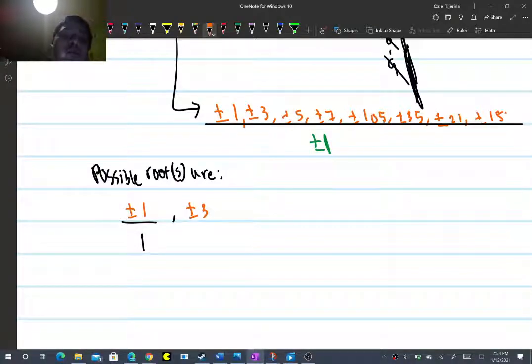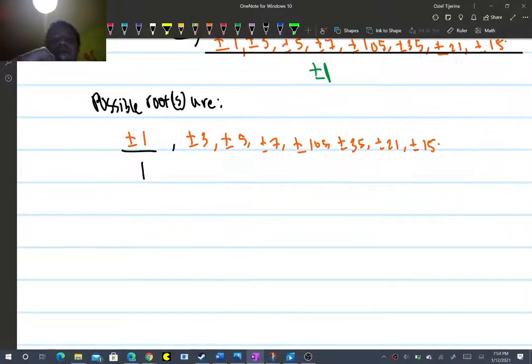Since they're all over 1, I'm just going to put every single one by itself. So we have plus or minus 3, plus or minus 5, plus or minus 7, plus or minus 105, plus or minus 35, plus or minus 21, plus or minus 15. Okay.